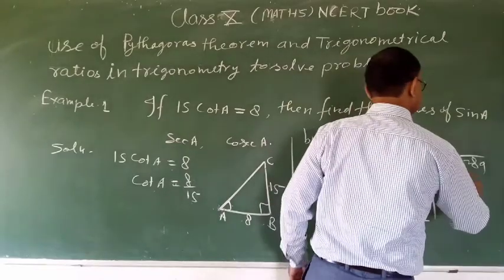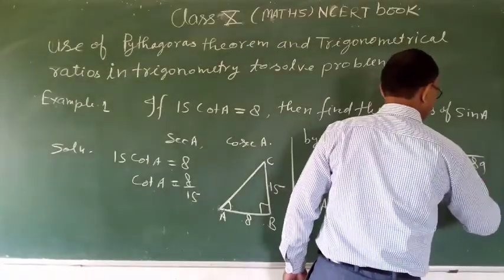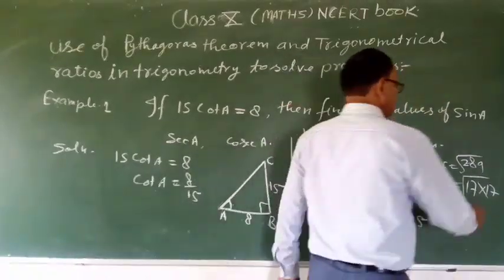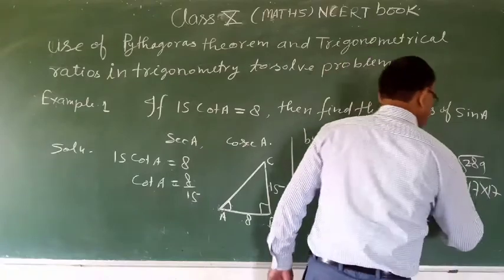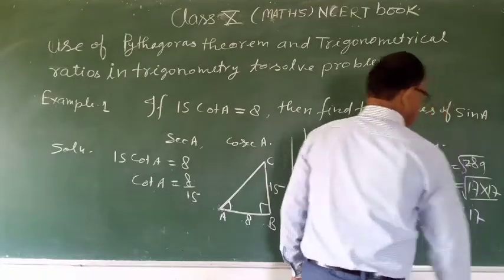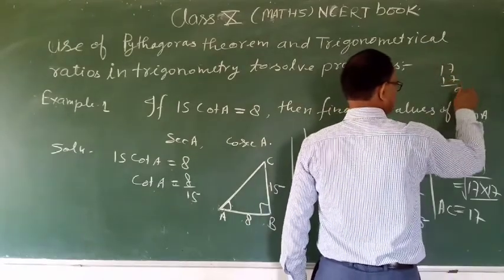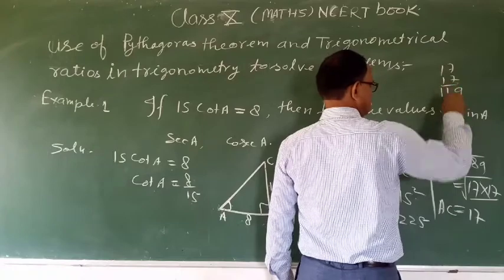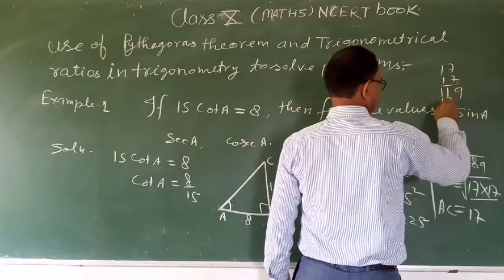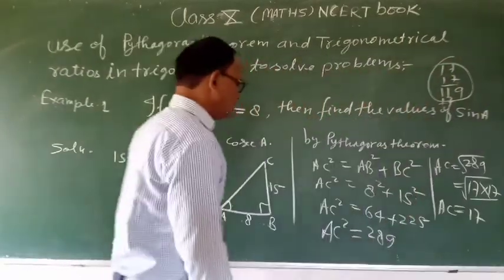Then you get 17 into 17. 17 is a prime number, so 17 into 17, we get a pair, and AC is equal to 17.